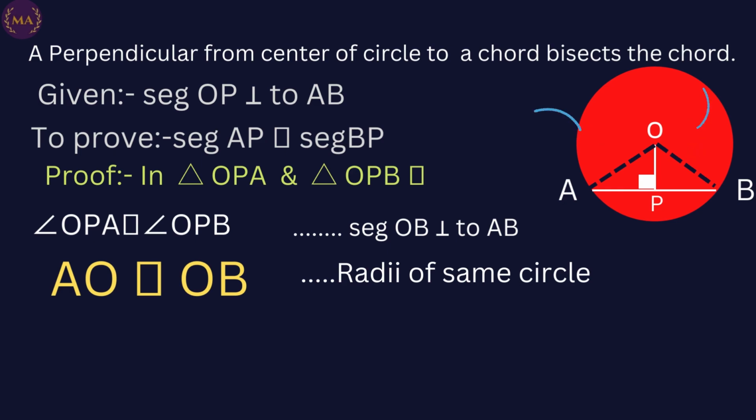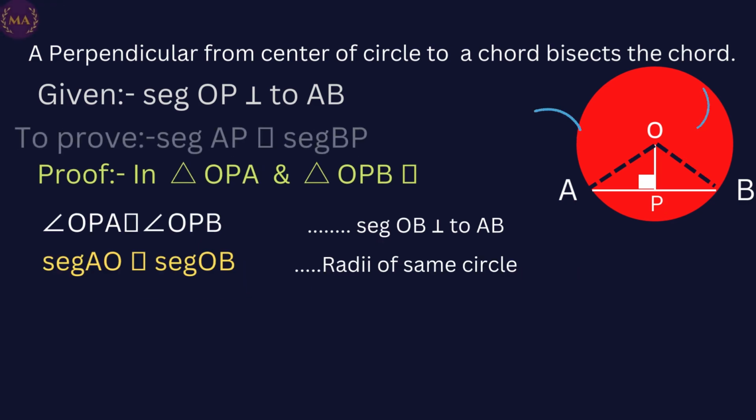Whenever you write points like angle AOP is equal to angle OPB, side by side you have to mention the reason why they are equal. It can be given, or it can be some property that we are using. AO equal to OB, this is because they are the radii of the circle. So I have mentioned it. Okay, so it is important to mention the reason how we are getting it equal.